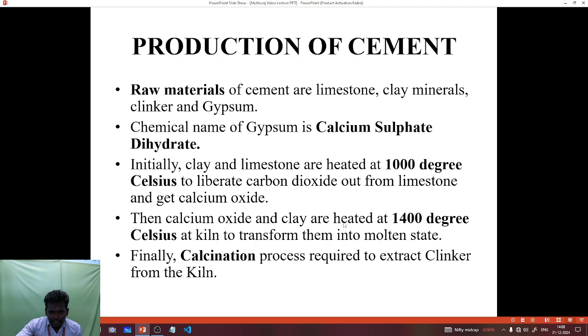Then the calcium oxide and clay are heated at 1400 degrees Celsius in the kiln to transform them into a molten state. Finally, the calcination process is required to extract clinker from the kiln. Calcination means extracting the carbon dioxide from the byproducts of the previous steps.